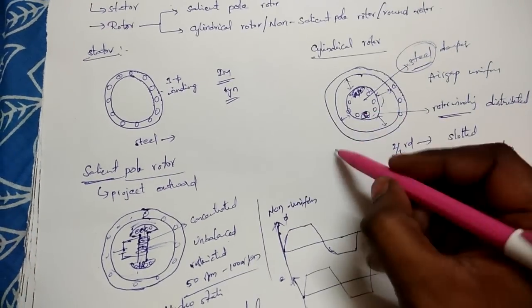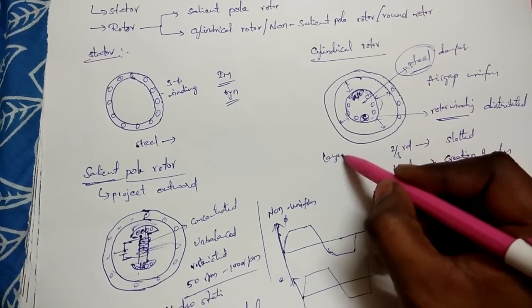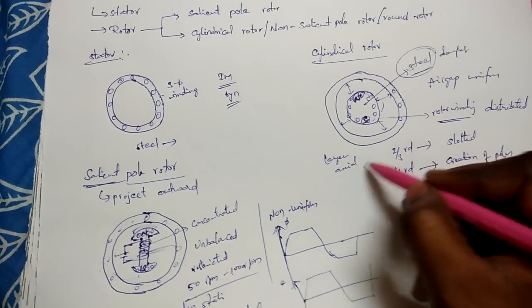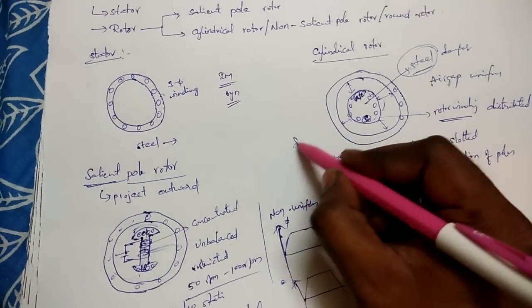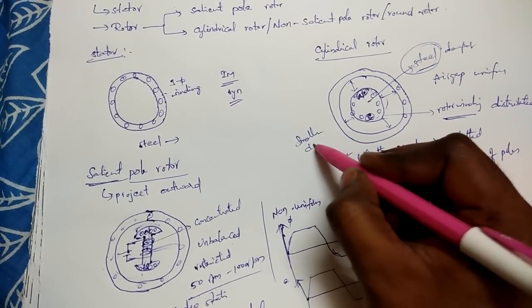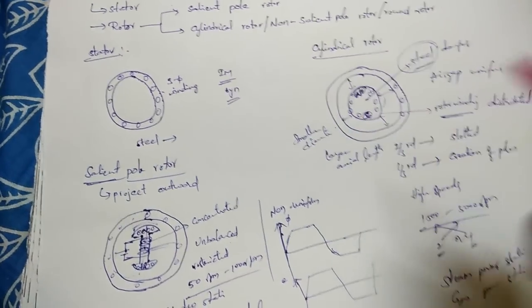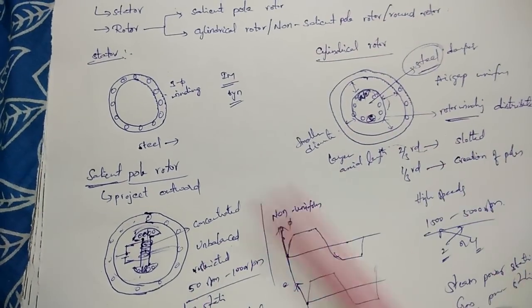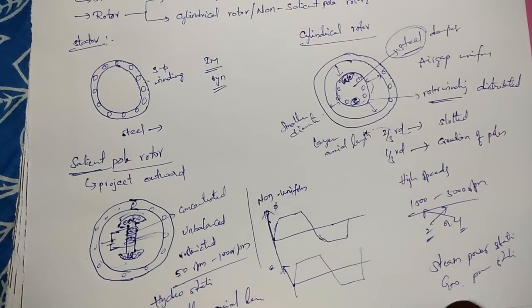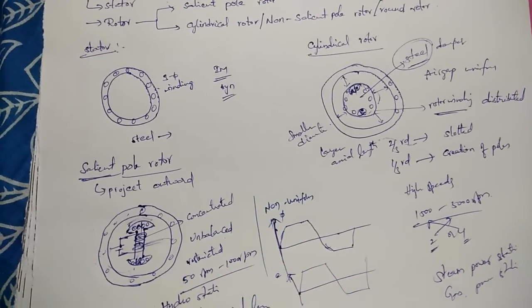These rotors have a larger axial length and smaller diameter. Those are the differences between salient pole and cylindrical rotor alternators. Okay, thank you.